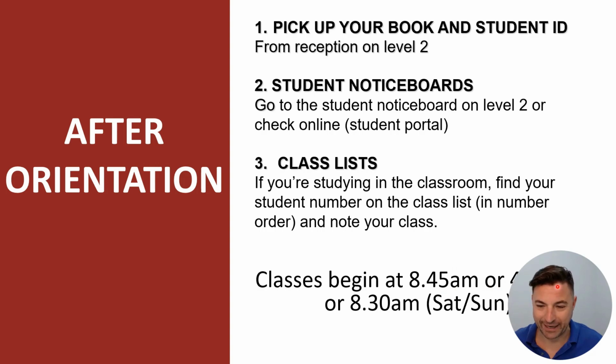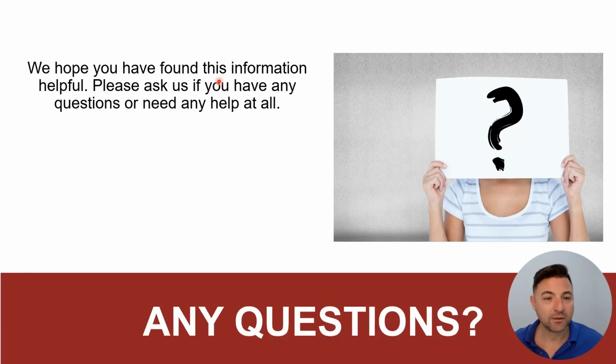Classes begin at 8:45, and in fact 4:20 in the evening, and on Saturday and Sunday they begin at 8:30 a.m. So you can't see that there, but it's 4:20 in the evening for the evening shift. And even the weekend shift on Friday begins at 4:20 p.m.